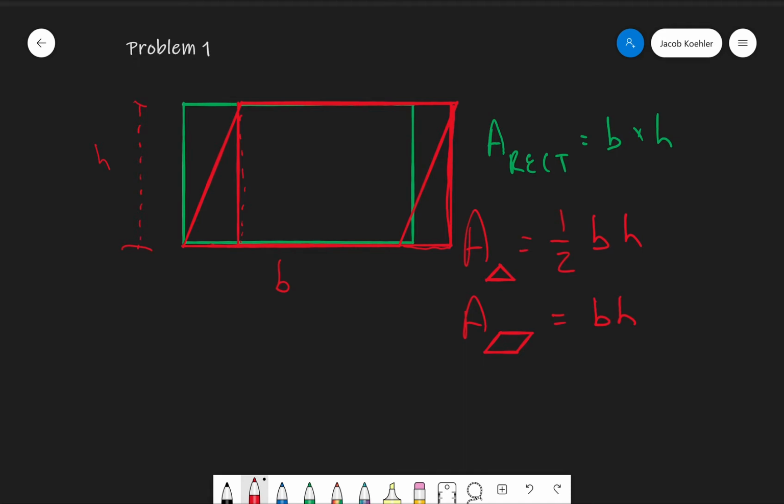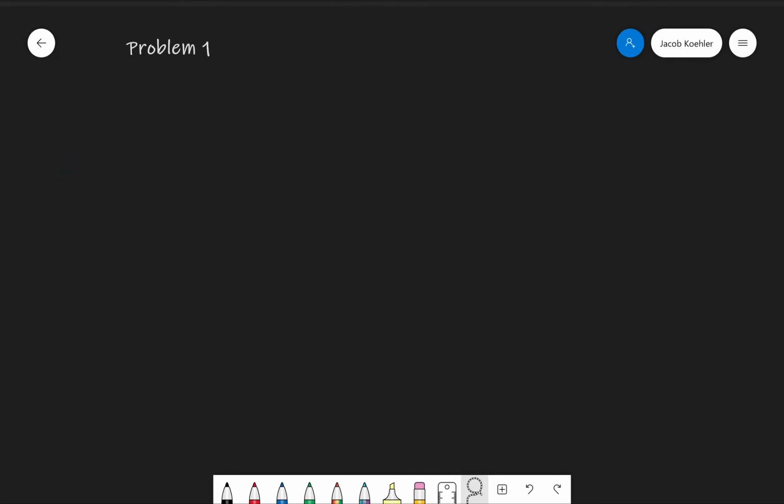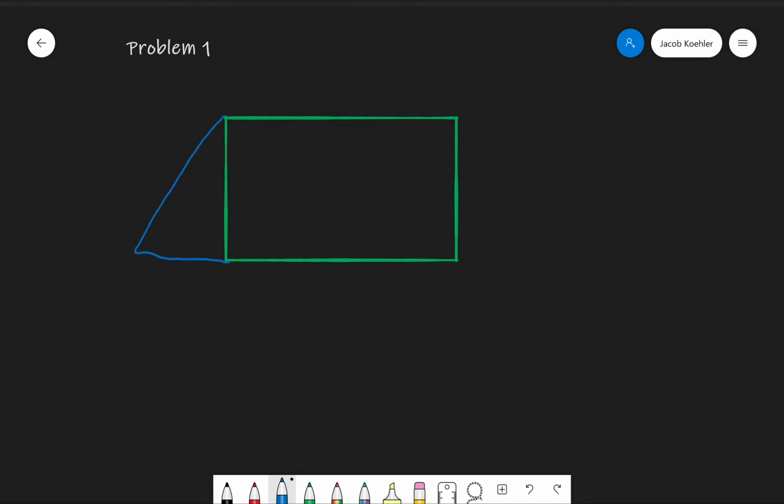Next, we had to look at the area of a trapezoid. So let me redraw a picture here for this. And yeah, we'll start with our rectangle. And we say a trapezoid, we're going to drop some other pieces here, like this, and let me make that come together here. All right.